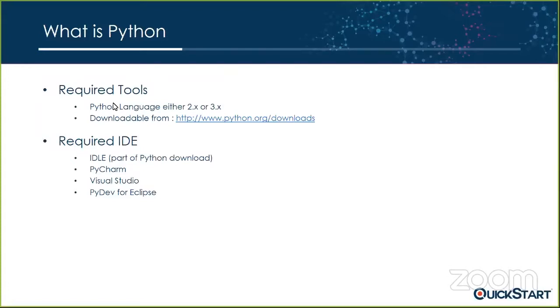Within Visual Studio, we can simply download the templates related to Python, if those are not there, by using NuGet packages. PyDev for Eclipse is also there. So a number of IDEs are there, and we can use them. By the way, we are not limited to these IDEs. You will also find a number of other IDEs. Because of the space limitation and the time constraint, I didn't mention all of them here.